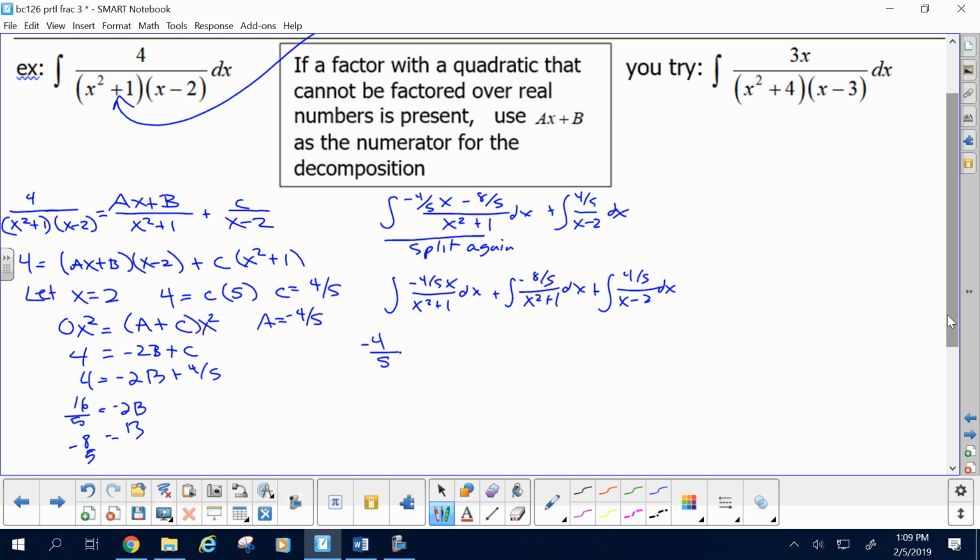And so does that mean it's a 2 out front or a 1/2? 1/2 of, then it was 1 over u, the antiderivative of which is natural log of x squared plus 1. You see where I'm coming? Yes. All right. The next one, what's the antiderivative of that?